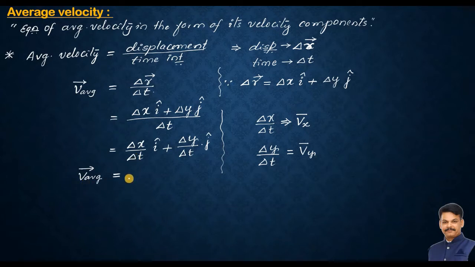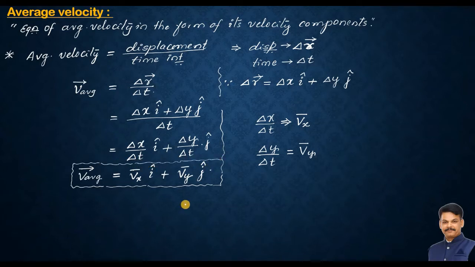Hence this step can be written as average velocity along the x-axis into i cap plus average velocity along the y-axis into j cap. This is the final equation for the average velocity in vector form, in terms of its velocity components along the x-axis and y-axis.